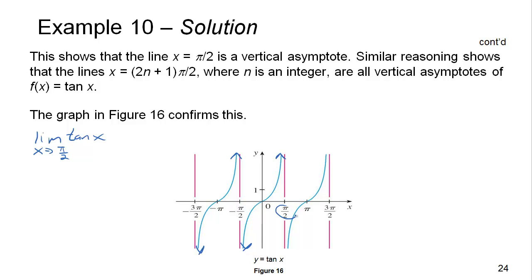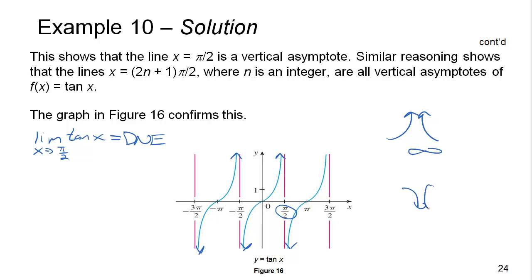As we approach it from the left-hand side, from smaller values, we get a positive infinity. But as we approach it from the right-hand side, from bigger values, we get a negative infinity. So what does the limit actually equal at pi over 2? If one side goes to positive and the other side goes to negative, then we say the limit does not exist.